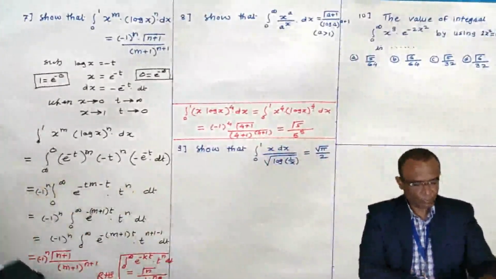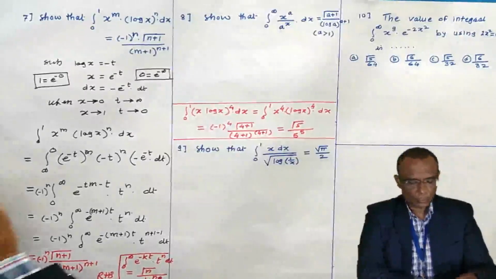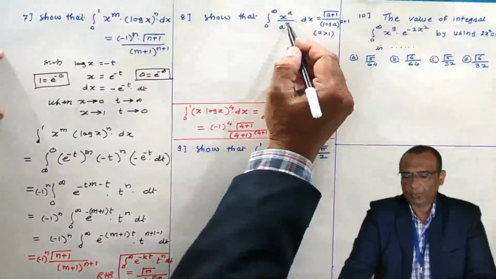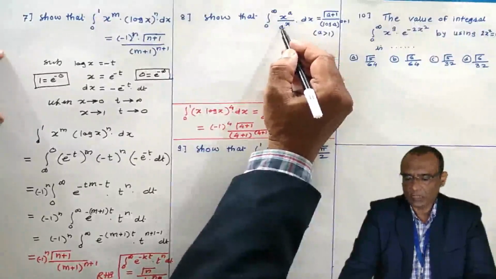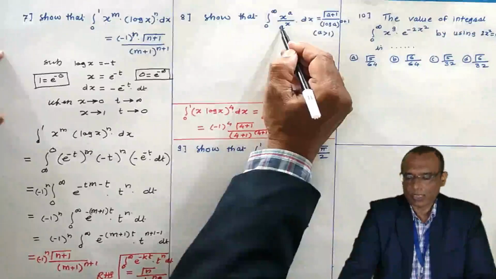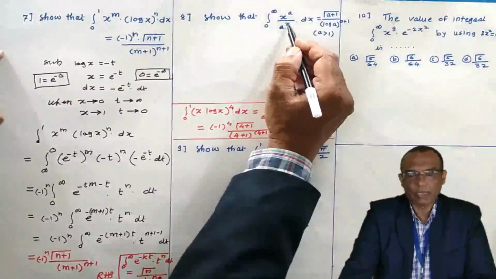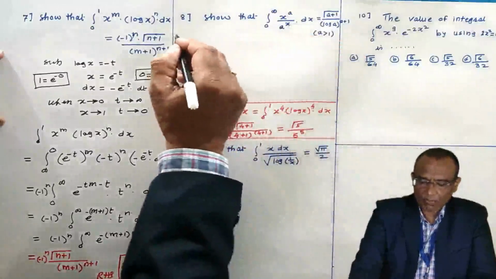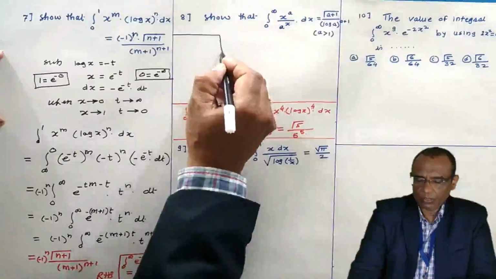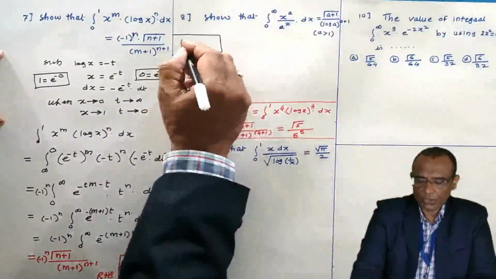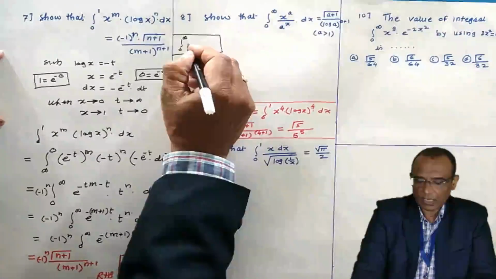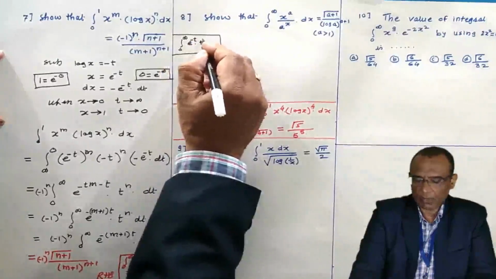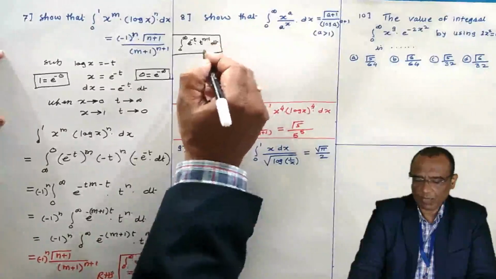Now, the next problem. Here in this case, we have the exponential function a to the power x. At the base, a constant is there, and at the index place, a variable is present; that is an exponential function. But in order to use the gamma function, we want the exponential function in particular of this type: integral e power minus t, t power n minus 1 dt is gamma n.